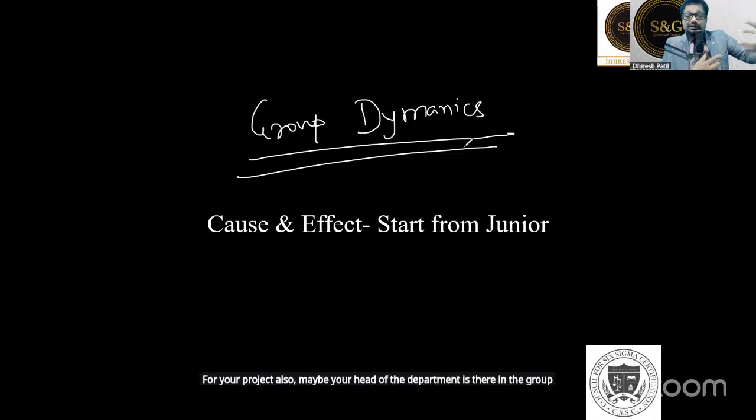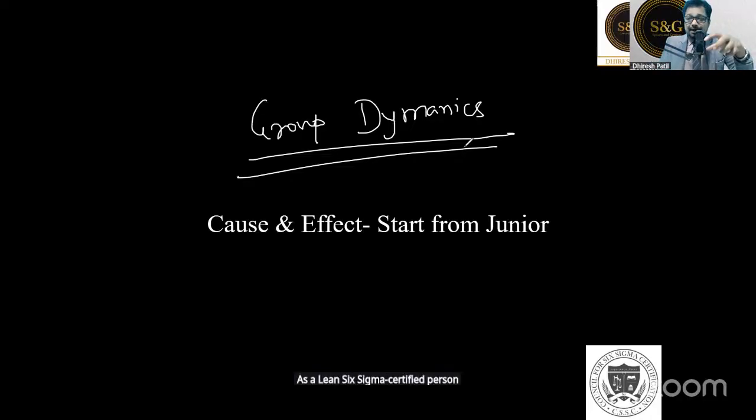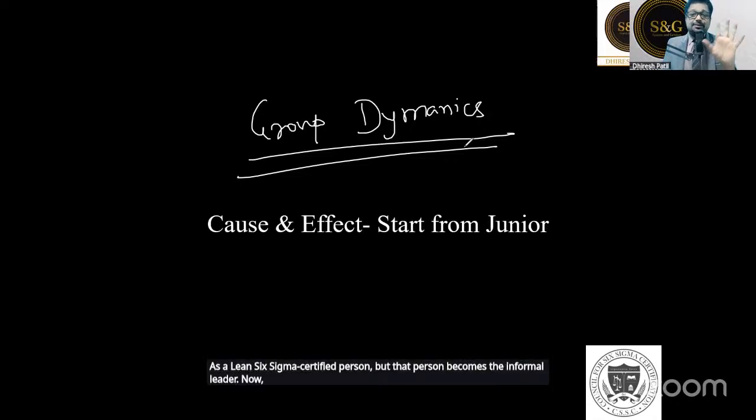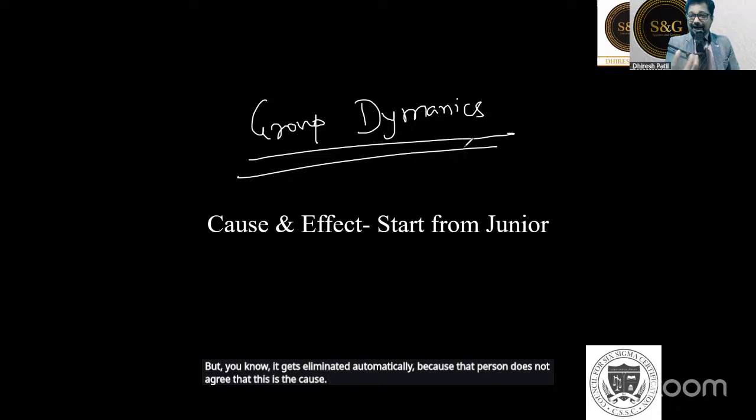So that person will become an informal leader, even though you are leading the project as a Lean Six Sigma certified person, but that person becomes the informal leader. Now, whatever that person says becomes the cause. Whatever that person disagrees, that cause generally gets disapproved. Now, nobody says anything about it, but it gets eliminated automatically because that person does not agree that this is the cause. That is called group dynamics.